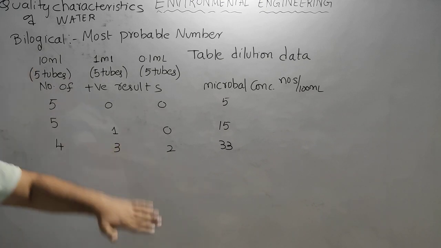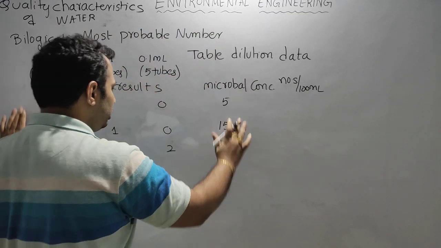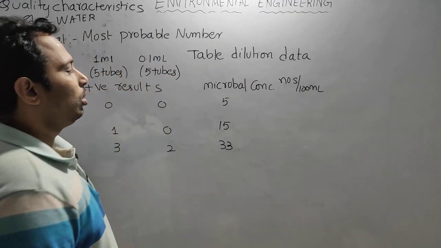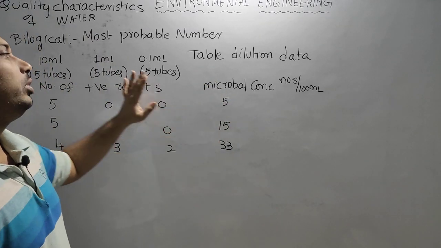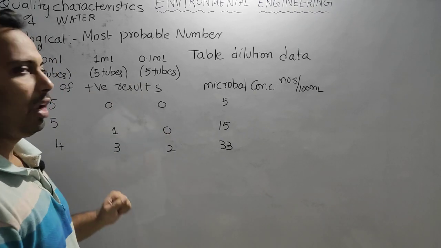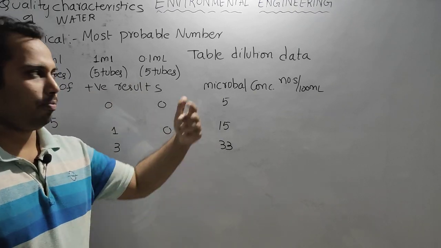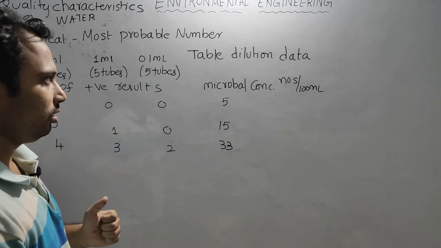But the test dilution differs. Now if you are done with this chart, that is laboratory work. This chart can be used anywhere for determining the organism concentration in unknown waters.